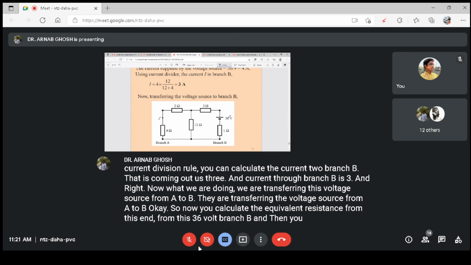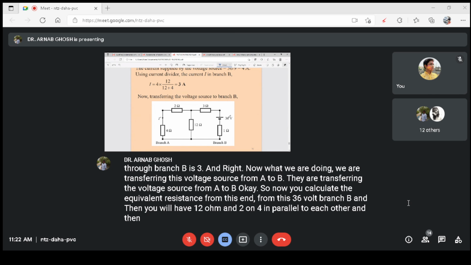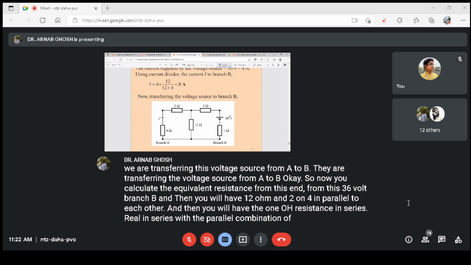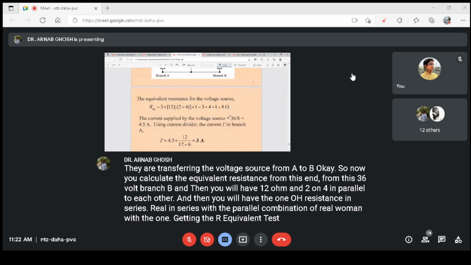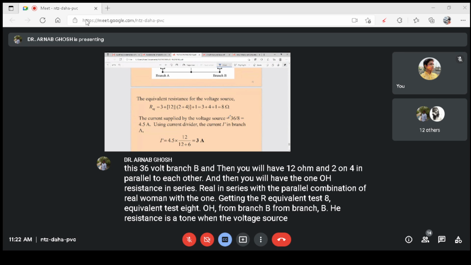Then you will have 12 ohm and 2 ohm, 4 ohm in parallel to each other, and in series 3 ohm in series with the parallel combination of 12 ohm and 2 ohm, 4 ohm with the 1 ohm, as 8 ohm. R equivalent as 8 ohm from branch B. From branch A, equivalent resistance was 9 ohm.